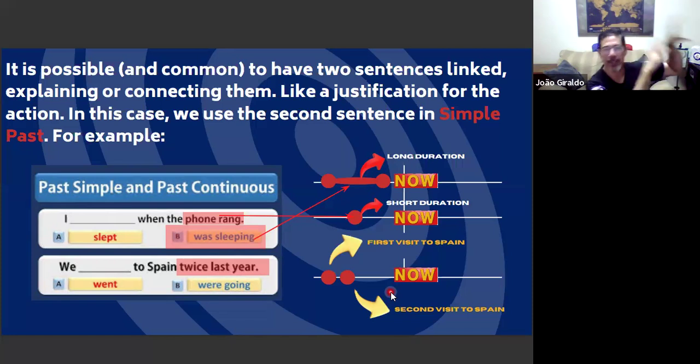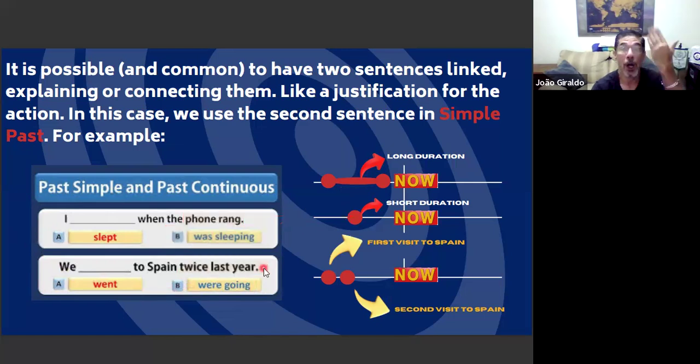So this sentence started and finished in the past, is punctual, only simple past. When we are relating to another action indicating duration, in this case, we use a sentence in past continuous. Okay? Very important to identify these cases.